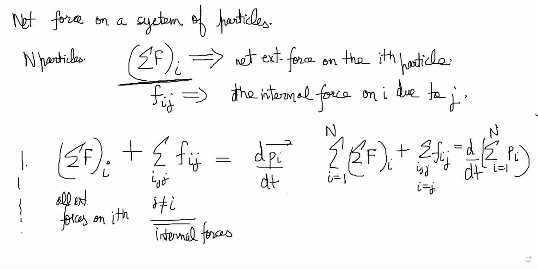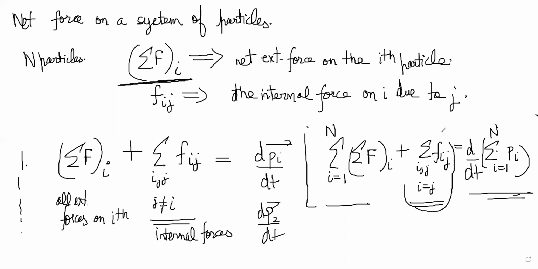So what I'm saying is, I add up all the external forces, I add up all the internal forces, and that should be equal to the rate of change of momentum of all of the particles, right? It will be dp1 by dt plus dp2 by dt and so on. So that is what I'm writing, d by dt of p1 plus p2 plus pn, right? Now notice here that this term will immediately cancel out.